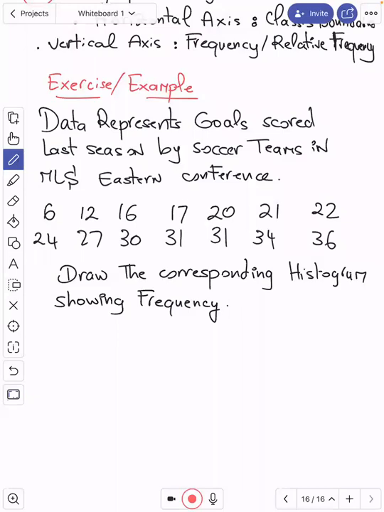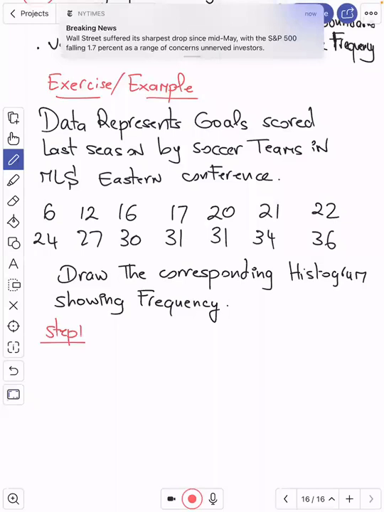Anyway, as a first step, you are supposed to find the class boundaries and their frequencies, right? As I said, we already computed the frequency table of this example, so we know. We had 4 classes.